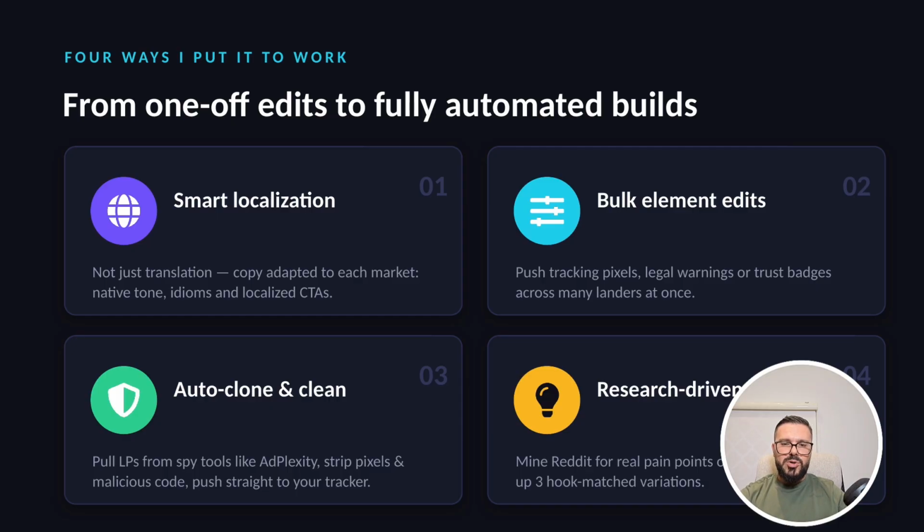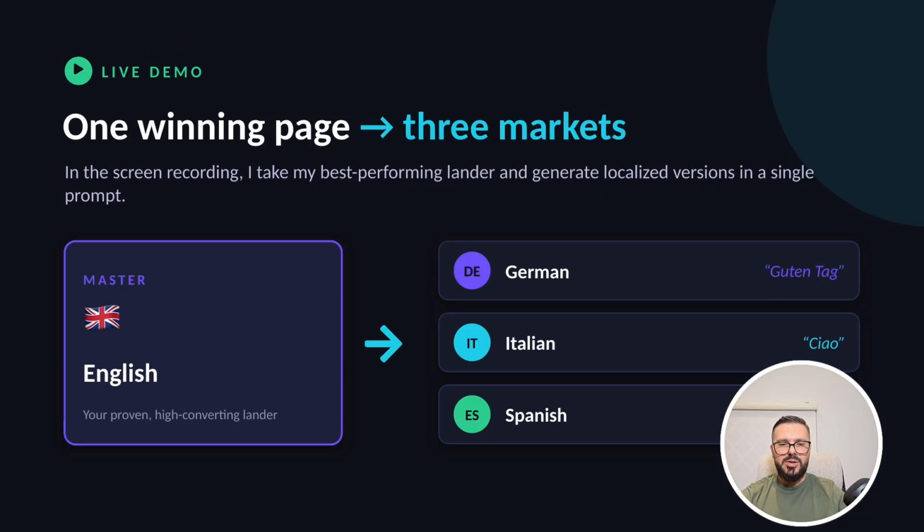All of these are possible, but in this video I will show you number 1, which is the smart localization. Here, I will show you how we can translate or localize a page that we have in English into 3 languages: German, Spanish, and Italian.